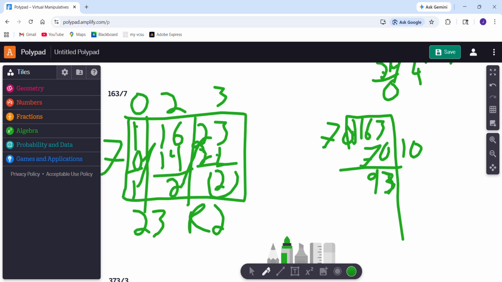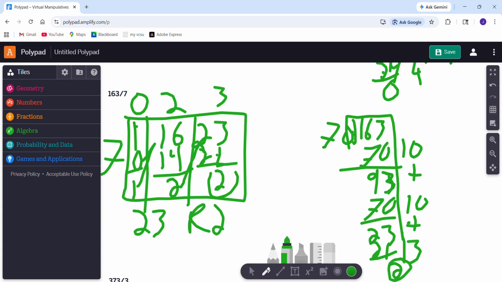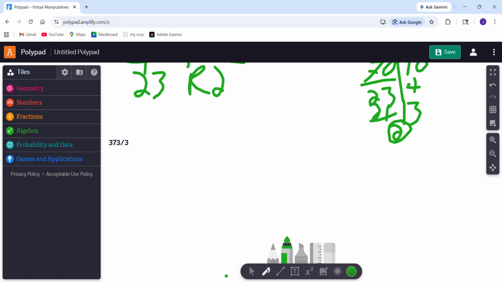And we'll do 10 again. 7 times 10 is 70. 93 minus 70 is 23. 7 goes in the 23 3 times. 7 times 3 is 21, and then we're left with 2. So your answer is going to be 10 plus 10 plus 3, 23, remainder 2. All right, on to the next one.